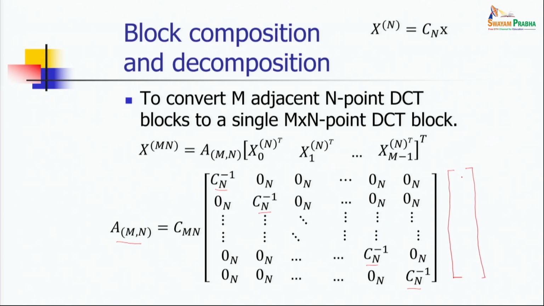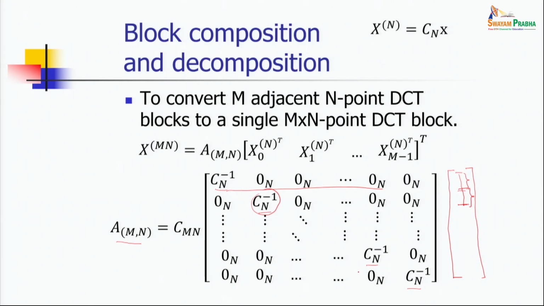block here, an equivalent block, the first inversion, this row, actually inverts this particular column of the DCT columns. Similarly, this position is meant for inverting the second block of N-point DCT, and in this way it proceeds.